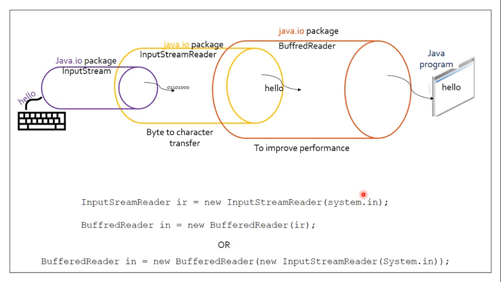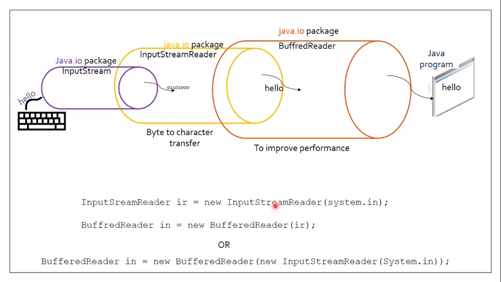This object is connected to the keyboard, and it takes the data in the form of bytes. Now I have created one object of the InputStreamReader class, namely IR. Now I have called the constructor of the same class, and I have passed the value System.in.